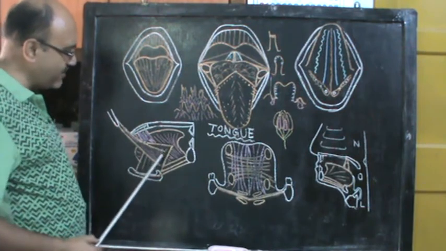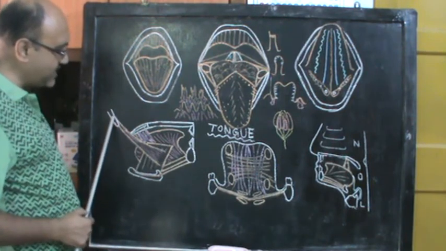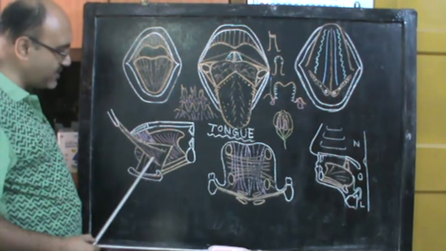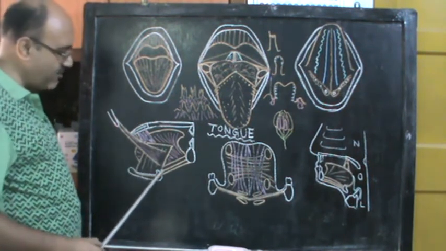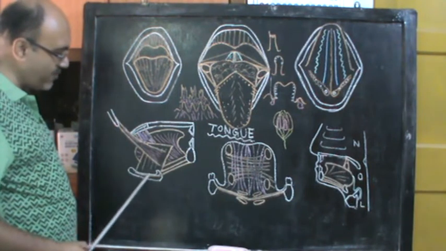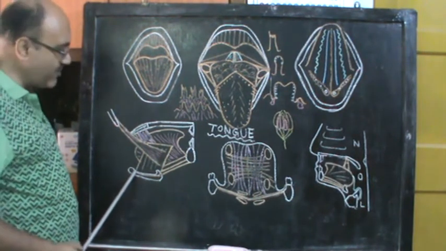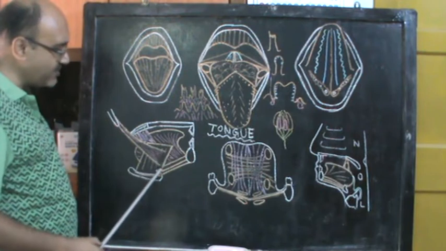Now apart from genioglossus, this is the styloid process, you have the styloglossus, and from the hyoid you have the hyoglossus. Now this hyoglossus muscle is attached from the body of the hyoid along the greater cornu and goes into the sides of the tongue.